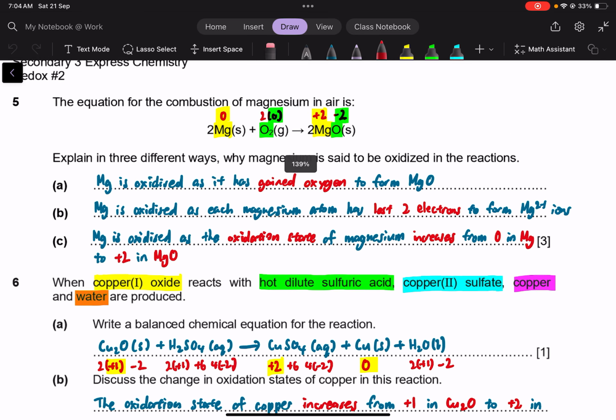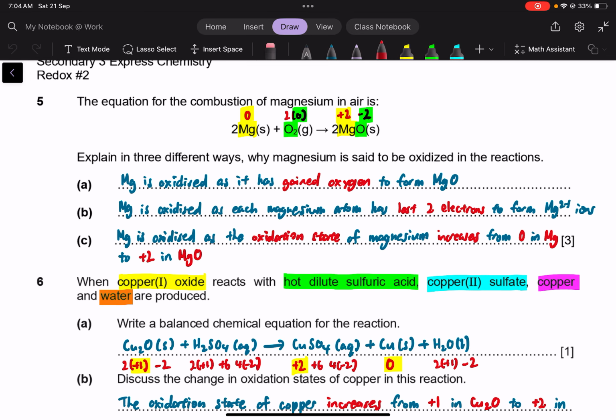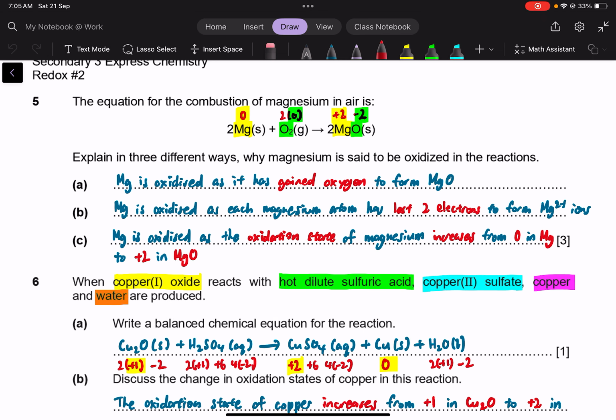Okay, so let us look at question 5. We can determine that magnesium is oxidized in 3 different methods. We have learned gain or loss in oxygen and hydrogen, gain or loss of electrons, and increase or decrease in oxidation state. So here the first method is to use oxygen, which I think is the easiest method to justify, because magnesium is oxidized as it has gained oxygen to form magnesium oxide.